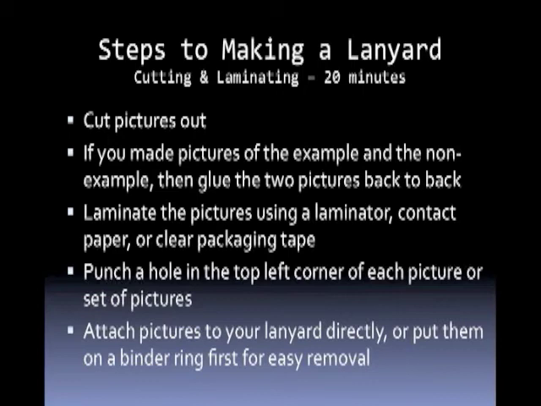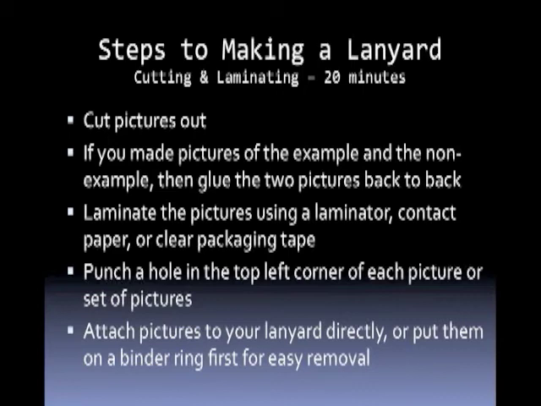Then you'll laminate them using a laminator or either contact paper or clear packaging tape, whatever you have that you can use to make it a little more sturdy. Because it'll be hanging around your neck, you'll probably want to be able to wipe it down so it doesn't get really dirty. But you can use any of these things. Or you can also just stick it inside a Ziploc bag.